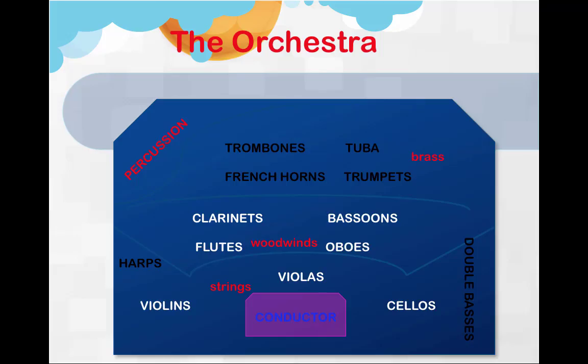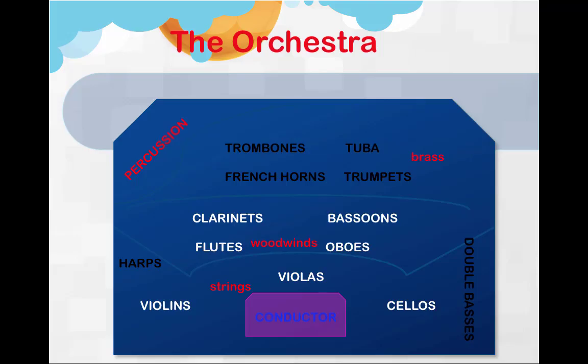So in the string section, you might find a violin, a viola, and a cello section. The strings consist of three basic sections: violins, violas, cellos, and the double basses.